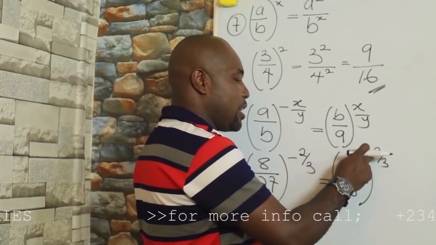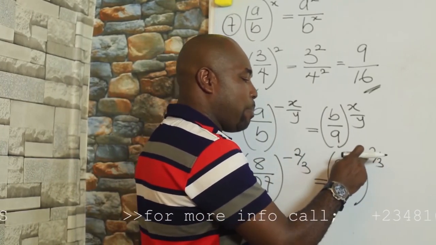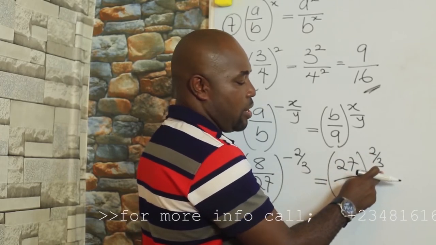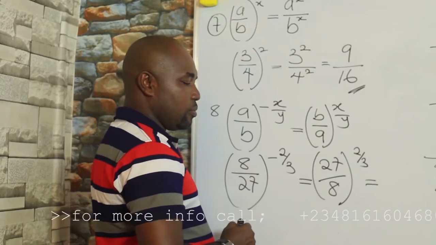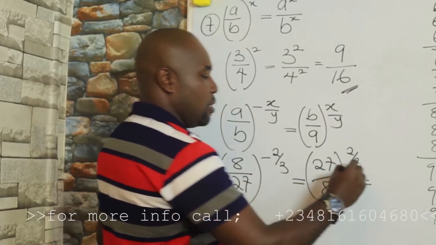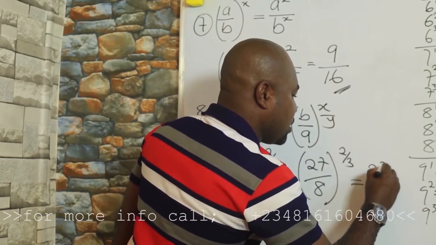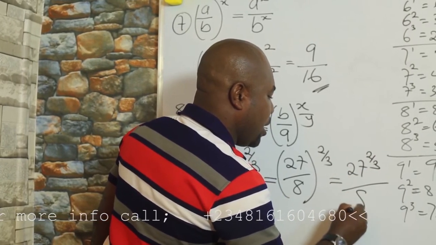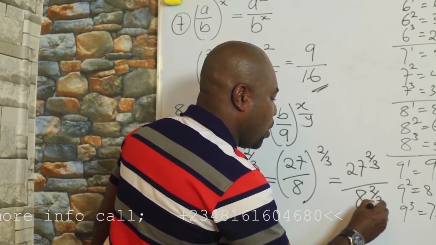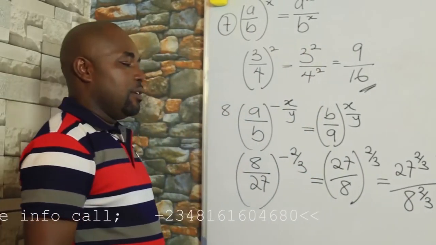Then we have the index, the exponent, or the power 2 over 3 here, which is equal to 27 raised to power 2 over 3 all over 8 raised to power 2 over 3.